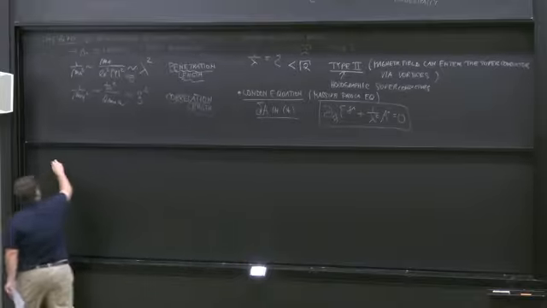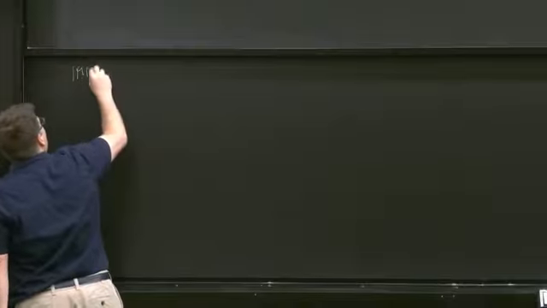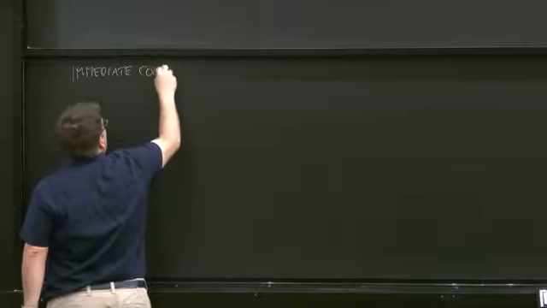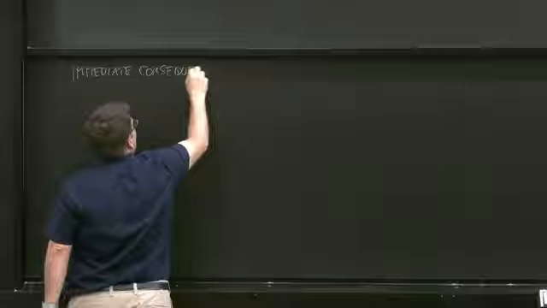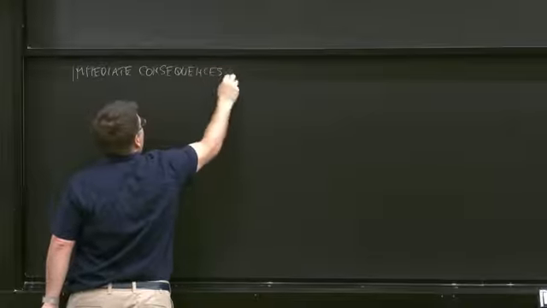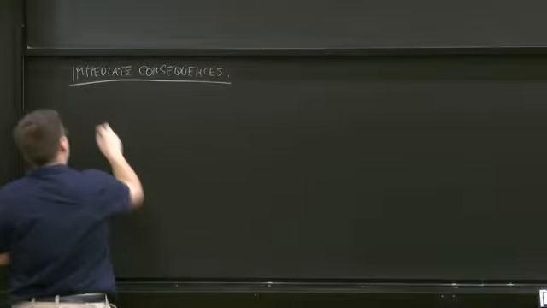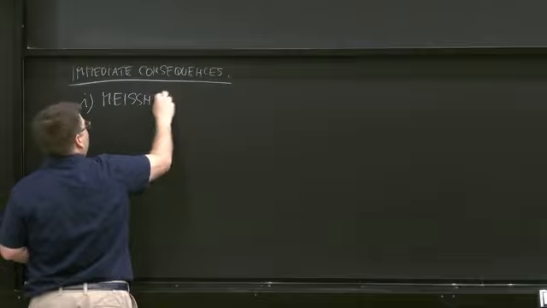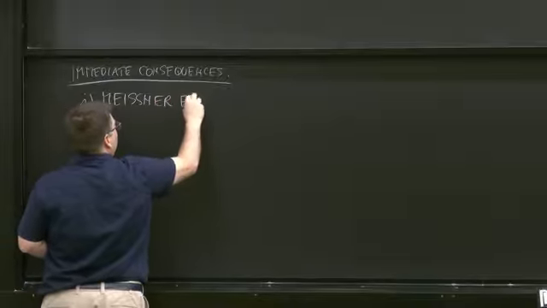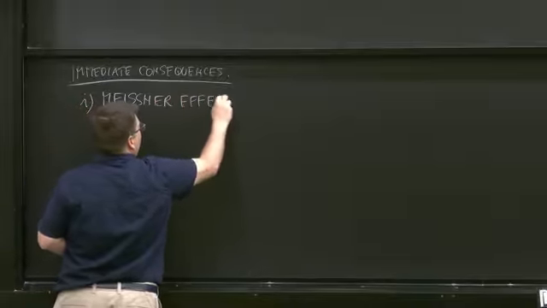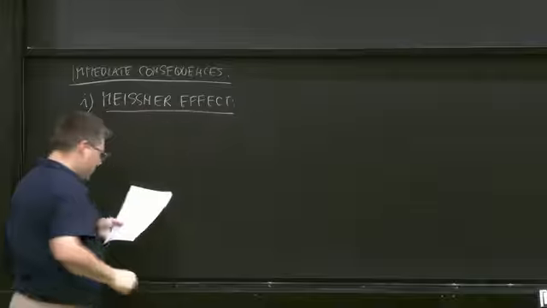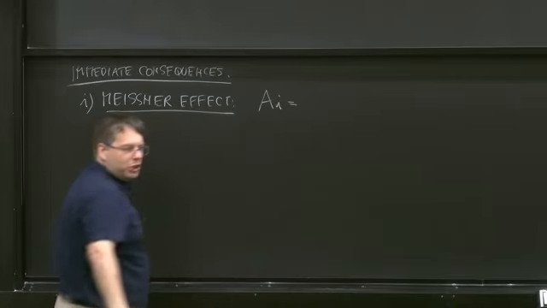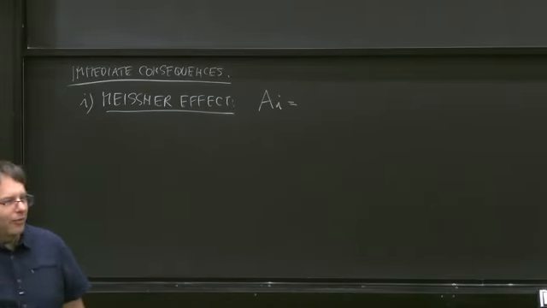So immediate consequences of this London equation. First would be the Meissner effect. So you just consider the vector potential, which gives you the B_z vector field.